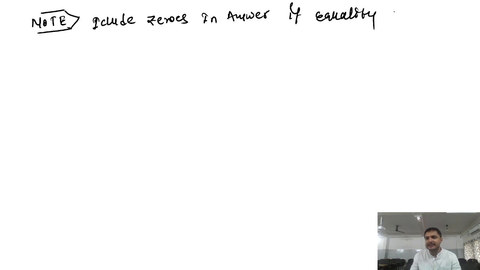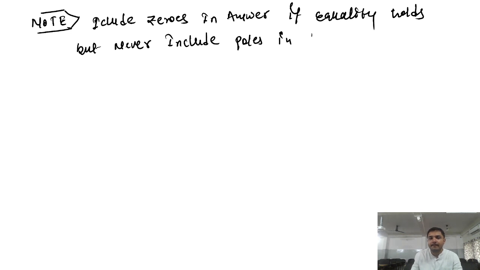If the equality symbol is there, I will include zeros. Never include poles in the answer. I'll come to this particular part also. Okay, sir, what does it mean?